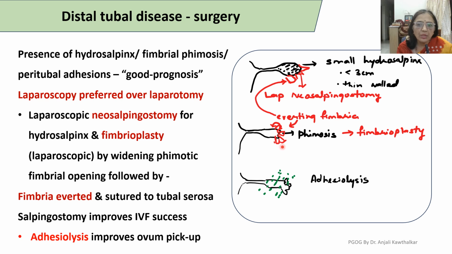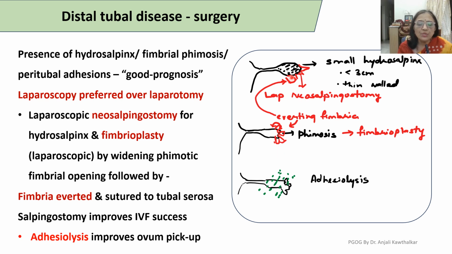When the opening is smaller, then the fashioning of the fimbrial end is done, and it is called a fimbrioplasty. Where adhesions are there, adhesiolysis is done at the fimbrial end, and the fimbriae, if they are adherent to each other, are separated.